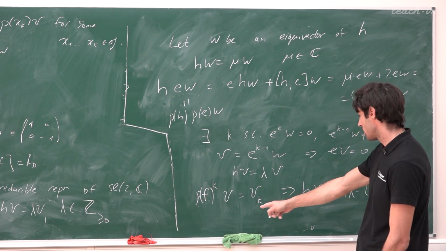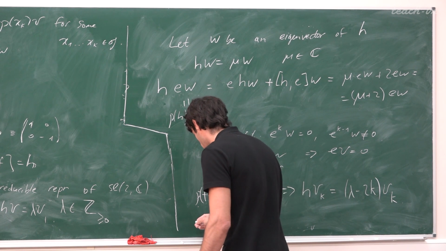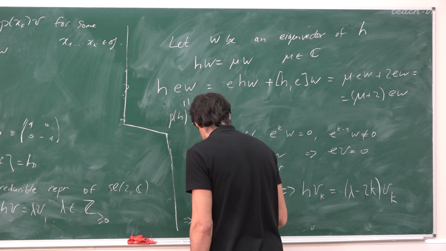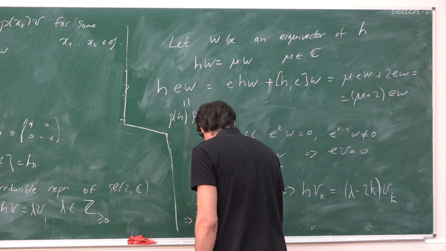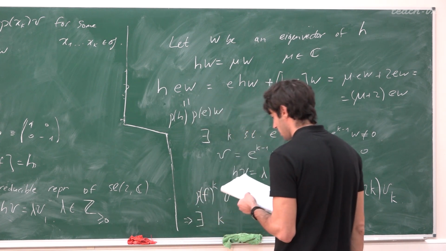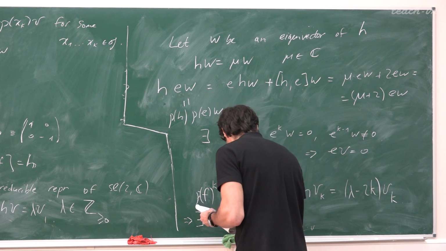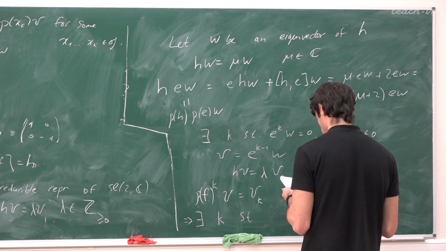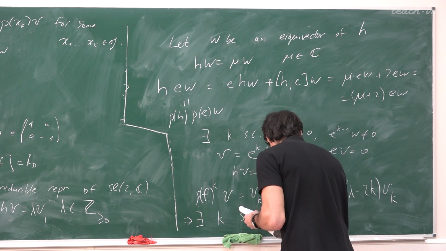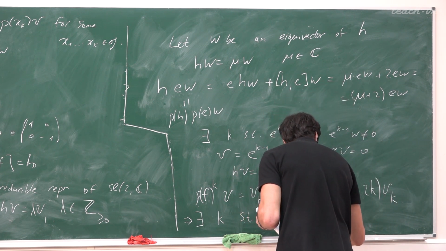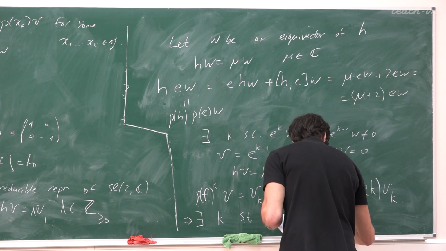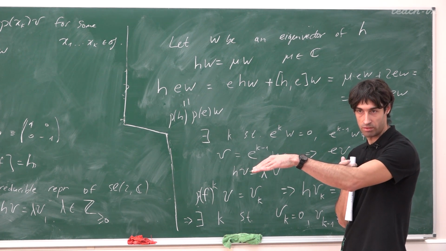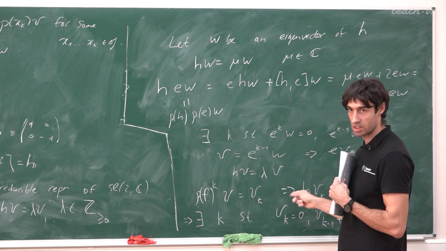And so again, my V is finite dimensional, so therefore there exists some k, right, such that vk is 0 and vk minus 1 is not 0. Right? They're all linearly independent if they are not 0, vk's, I mean.